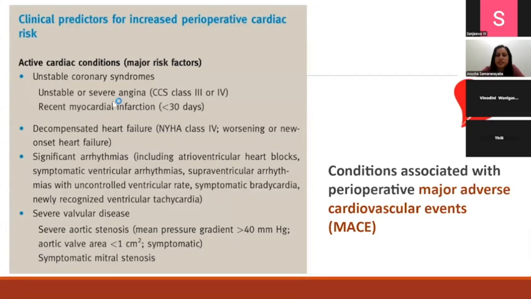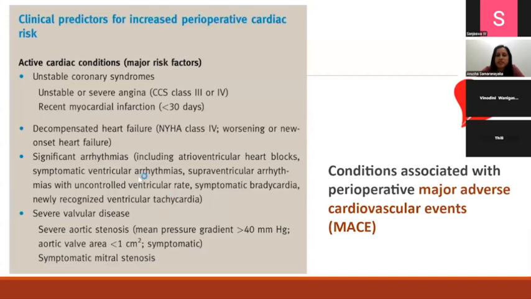Apart from that, decompensated heart failure and significant arrhythmias, including heart blocks, bradyarrhythmias, tachyarrhythmias, those sorts of cardiac arrhythmias, again carry a higher risk of developing MACE in the perioperative period.